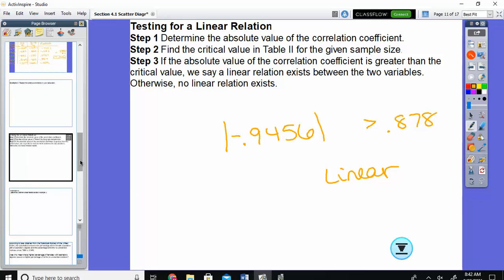So it can be a weaker relationship for us to still say linear as we have more points. If we have 5 points, the critical value is 0.878. So we have to be bigger than that to say it's linear.